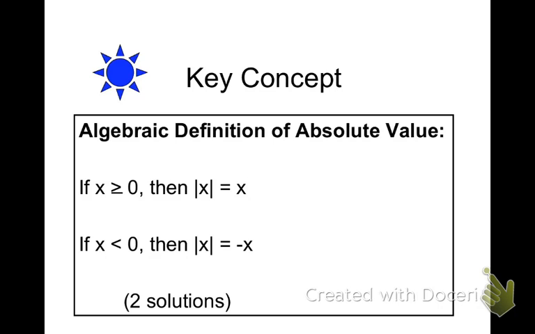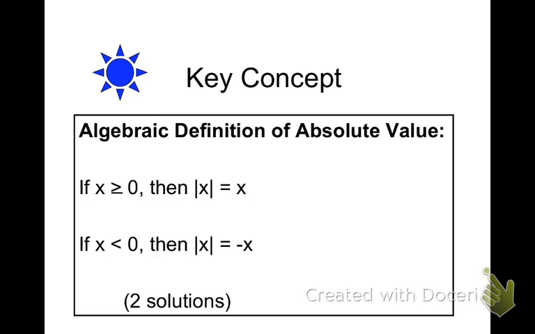So if you have a positive number or 0, because it's also true for 0, when you take the absolute value of it, it's going to be that number, right? The absolute value of 3 is 3. The absolute value of 4 is 4. The absolute value of 0 is 0. Okay? If x is less than 0, meaning it's what type of numbers? Negatives.